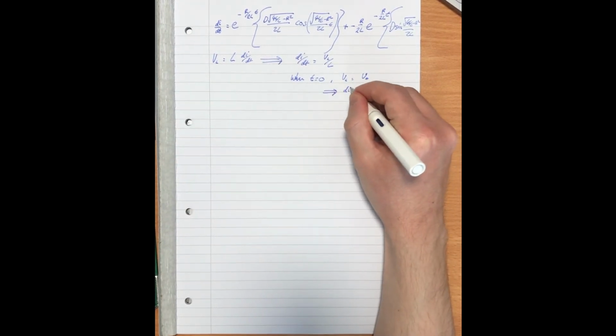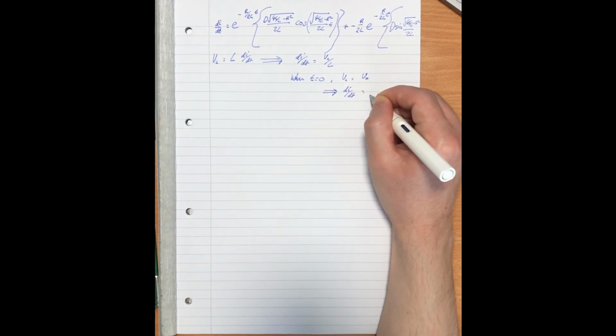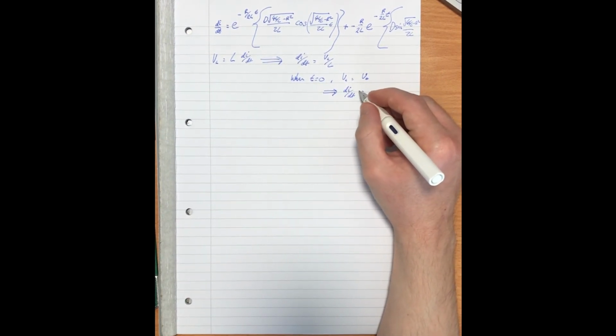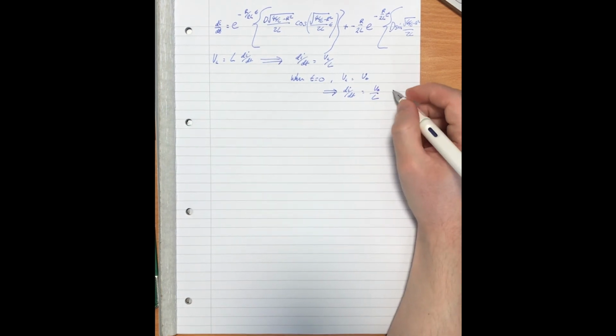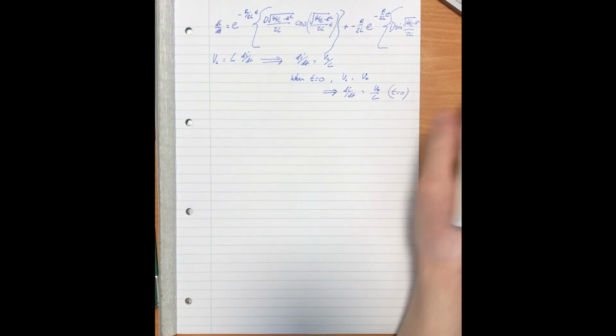Implying di by dt should equal VL, which is V naught, on L for t equals 0.